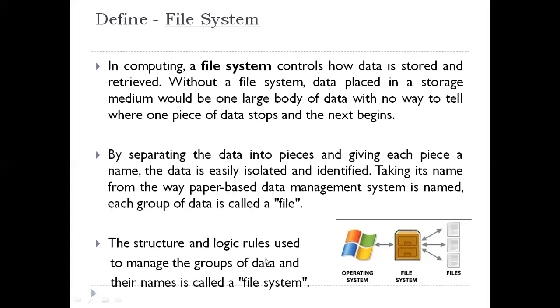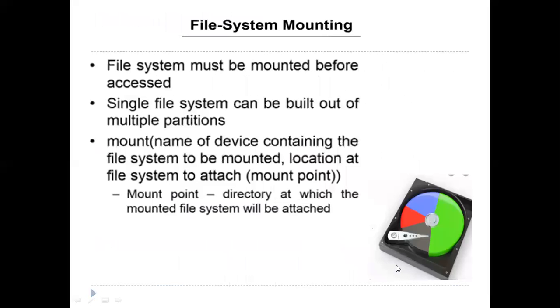So file system is basically to control the storage and retrieval of the data from the secondary storage. Okay. So this is how you can visualize where the file system plays. Each operating system can have its own file systems. We'll discuss it.